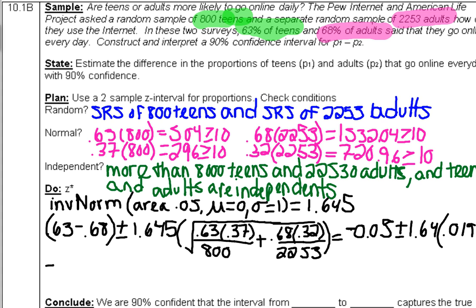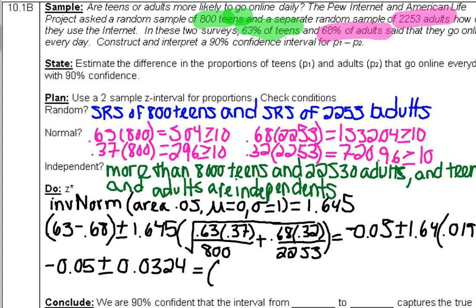So now we're going to have a negative 0.05 plus or minus 0.0324, which gives us an interval.